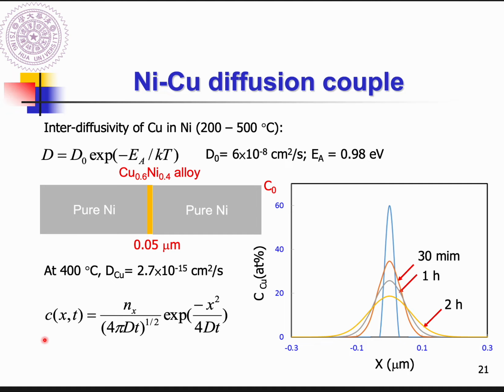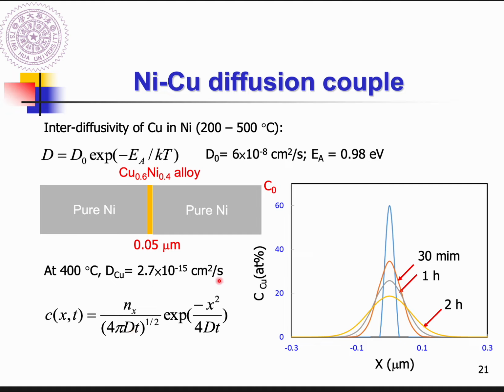Under this situation, you can directly formulate these equations, and we want to know D, right? The question tells you D equals D0 times the exponential term, and also provides the activation energy, D0, and the temperature. Based on this, you can calculate the D of copper.